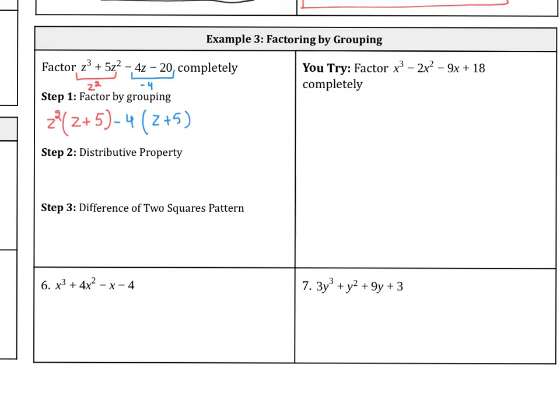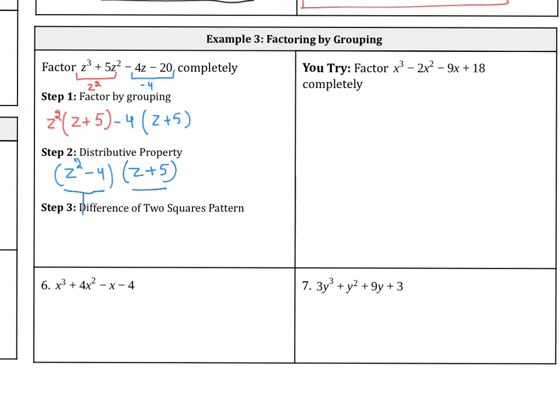So z squared minus 4, this is the outer term as 1 factor, and z plus 5 that you factor out as another factor. So z plus 5, another factor. So we now have 2 factors, z squared minus 4 and z plus 5.